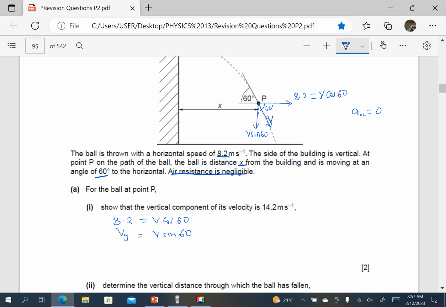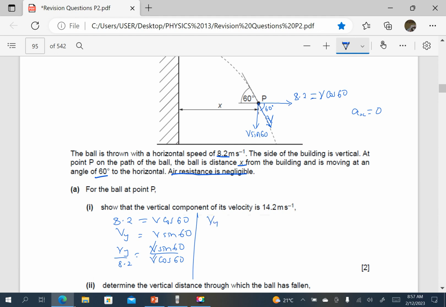So we want to find Vy. What we shall do is divide Vy by the horizontal velocity, that is Vy divided by 8.2 should be equal to V sine 60 divided by V cos 60. So V cancels out. So it means sine 60 over cos 60 is tan.